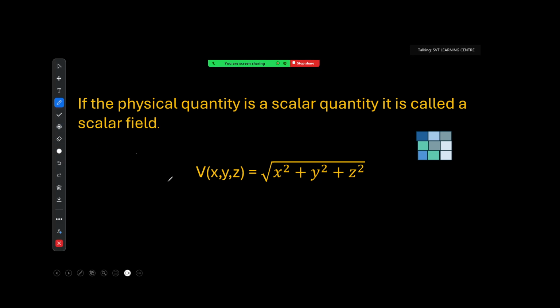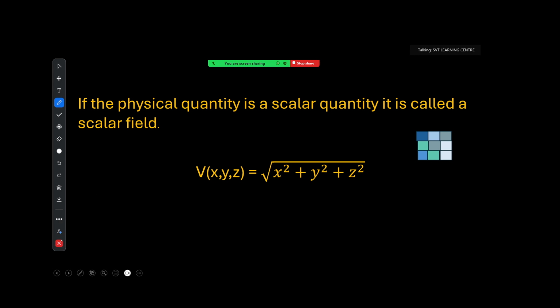Let us say that the point we are looking at is 4, 3, 1. Then V as defined over here will be square of 4 plus square of 3 plus square of 1, so it will turn out to be 16 plus 9 plus 1, which is 26. So it's a number, and therefore it is a scalar quantity. So understood, scalar field and vector field.